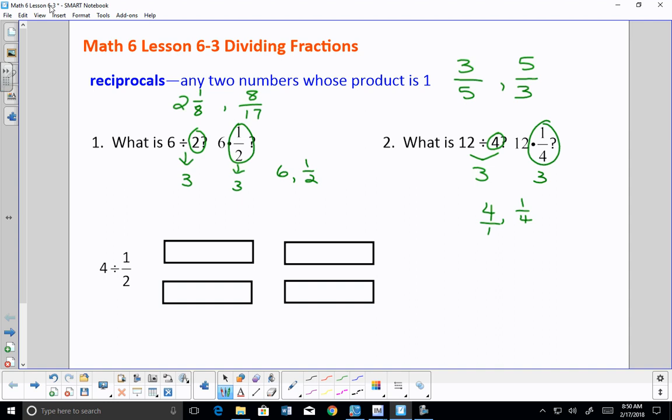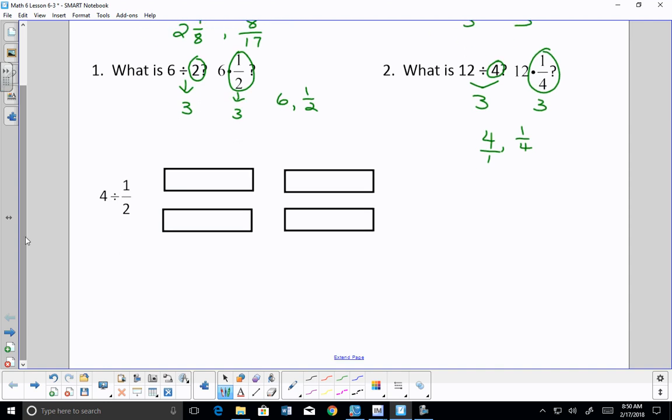Let's take a look at something visually for a moment. If I said, let's take 4 and divide it by 1/2, that means we want to know how many 1/2s there are in 4. So let's take 4 long rectangles here. I can divide each one of these in half, can't I?